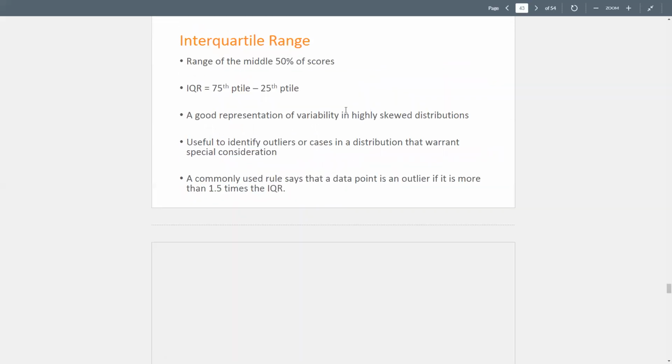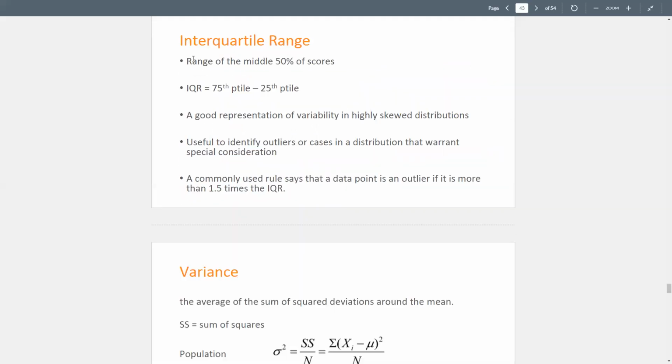The interquartile range, we sort of already talked about it. It's the range of the middle 50% of scores, defined as the 75th percentile minus the 25th percentile. The interquartile range is a good representation of variability when the distribution is highly skewed in one direction or the other, because it still gives you the range of scores in the middle 50% of the distribution.